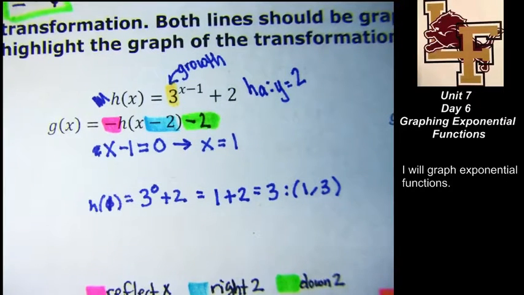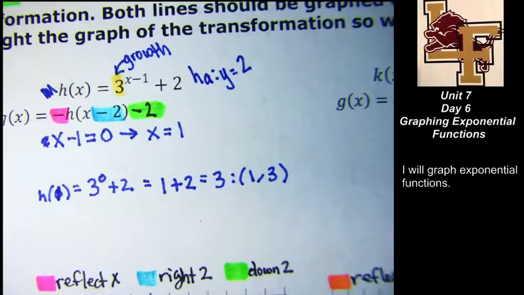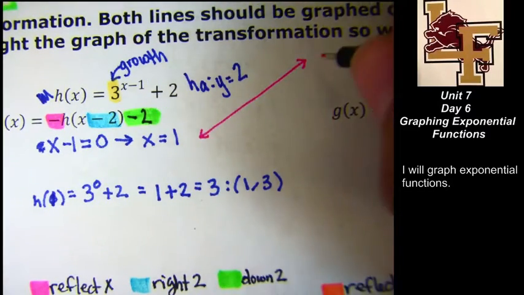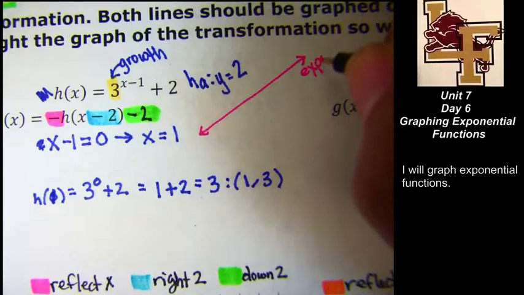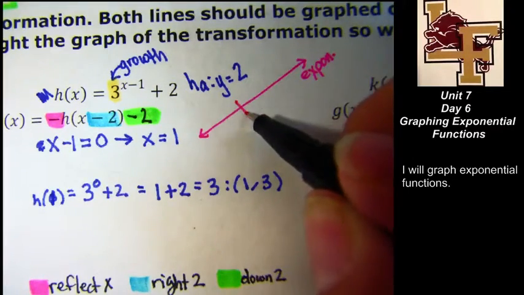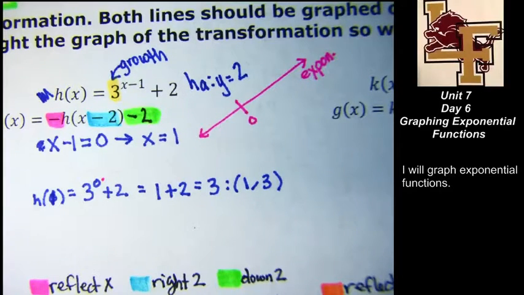Now I've already decided that because this is a growth, things to the left of this spot are going to start becoming fractions, and things to the right of it should stay whole numbers. So if I think of my exponents as a number line, I have my 0 exponent sitting there.